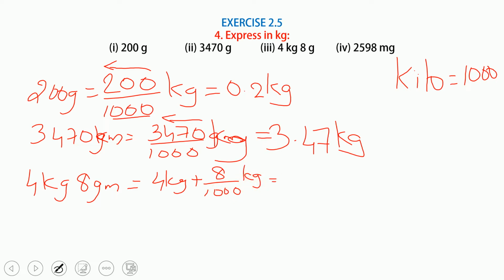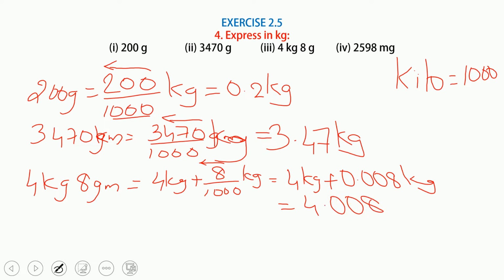So it becomes 4 kg plus 8 upon 1000. Now 4 places to be shifted, but only 1 digit is there, so we have to add zeros. 1, 2, then 3, so 8 will come. The answer will be 4 point 008 kg.